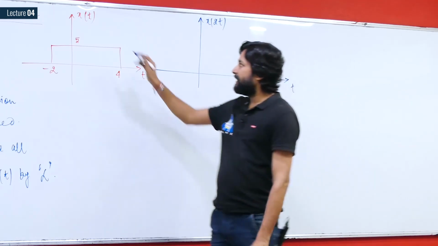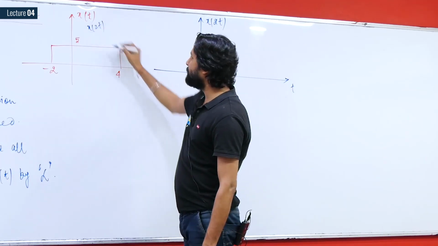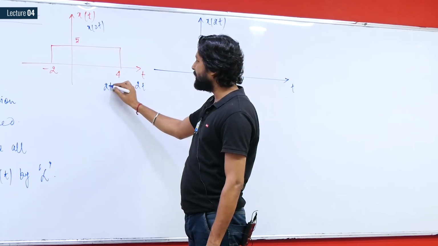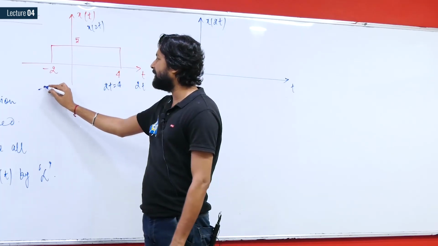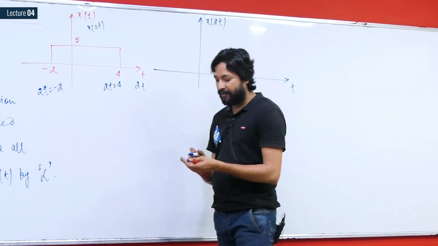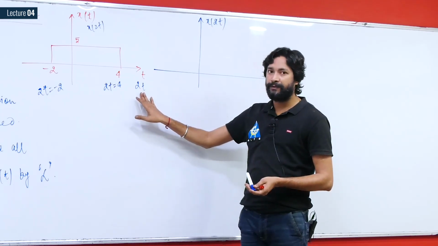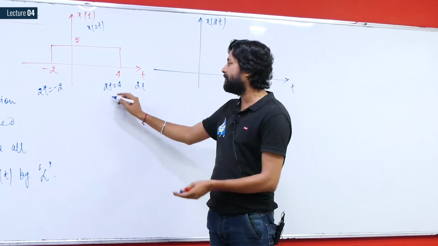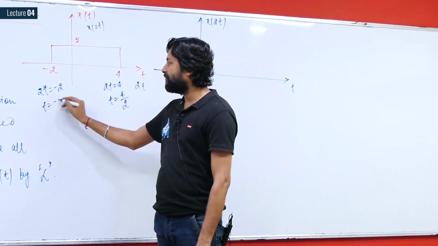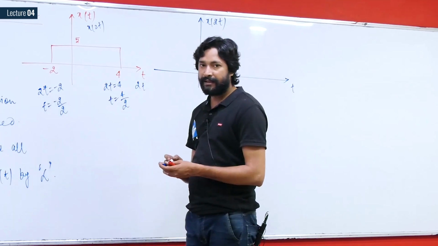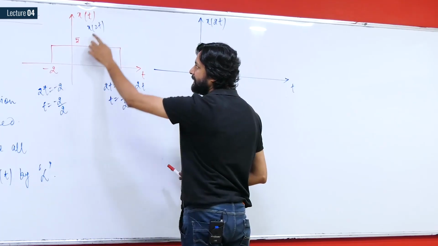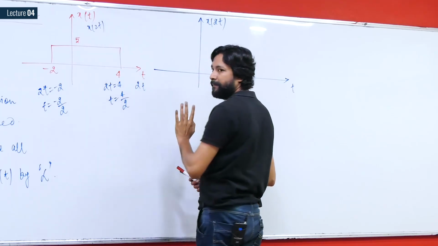So the value 2t equals 4 and the value 2t equals minus 2 are the points, and the corresponding values of t will be t equals 4 by 2 and t equals minus 2 by 2. So the existing limits of the signal x of t are divided by the scaling factor alpha.